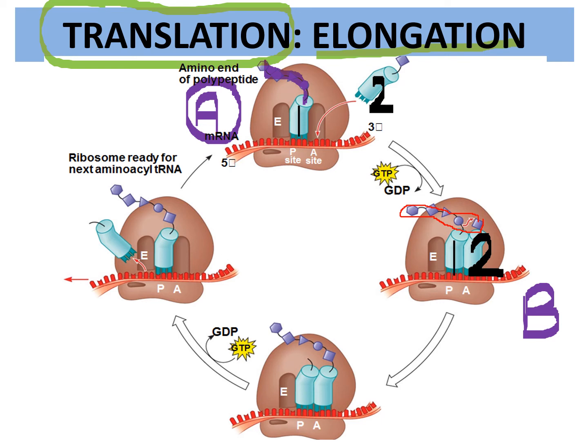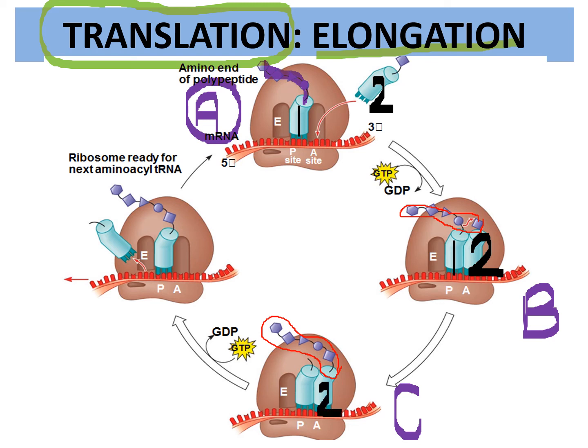And if we look at diagram number C, as a result of that, your polypeptide chain will then move over to your second, or rather tRNA molecule number 2.